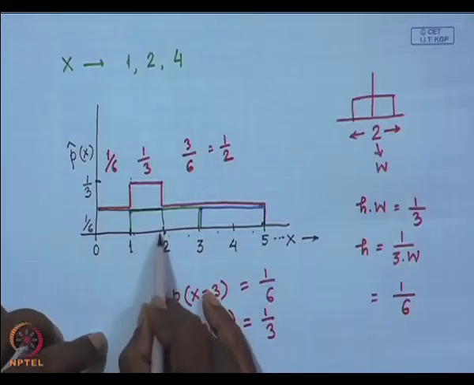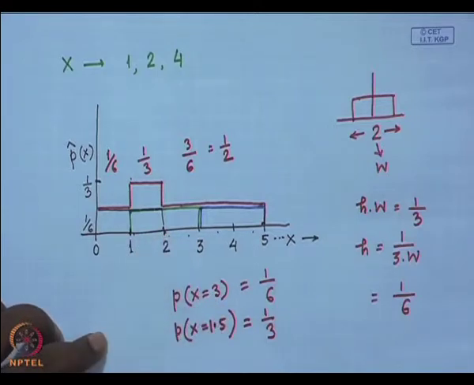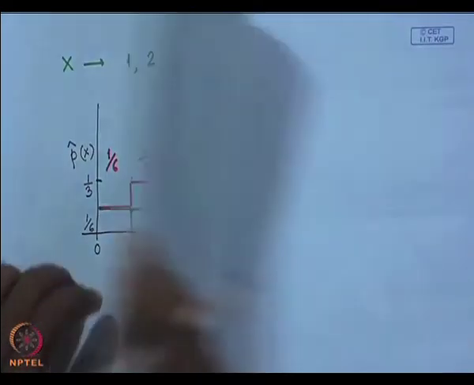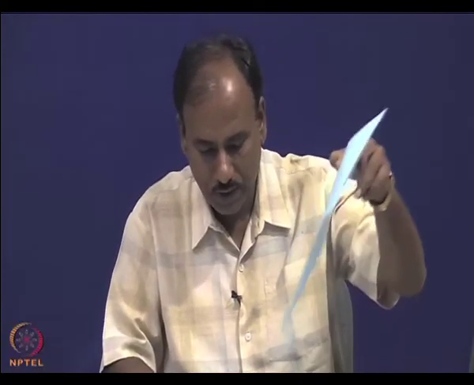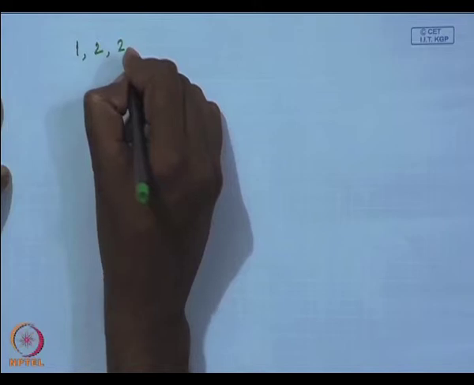Now, let us see that for the same example, one more thing, what will happen if I get multiple samples at a particular location. So, before I go for use of other window functions, let us see what will happen if I have the samples as 1, 2, 2, 4.